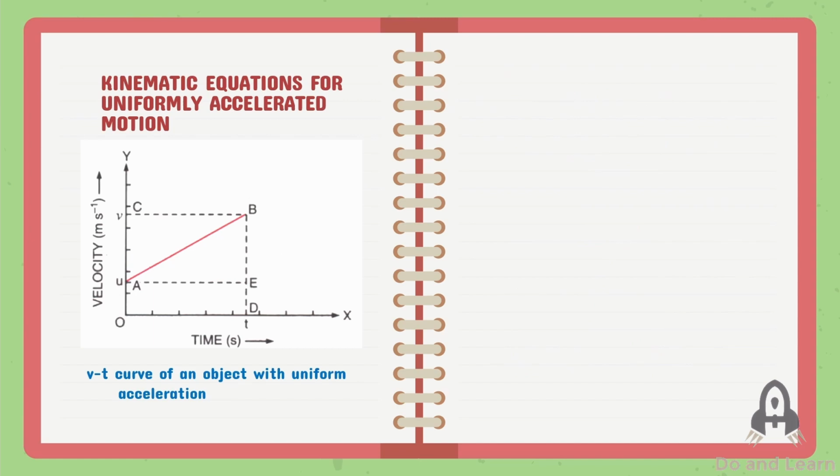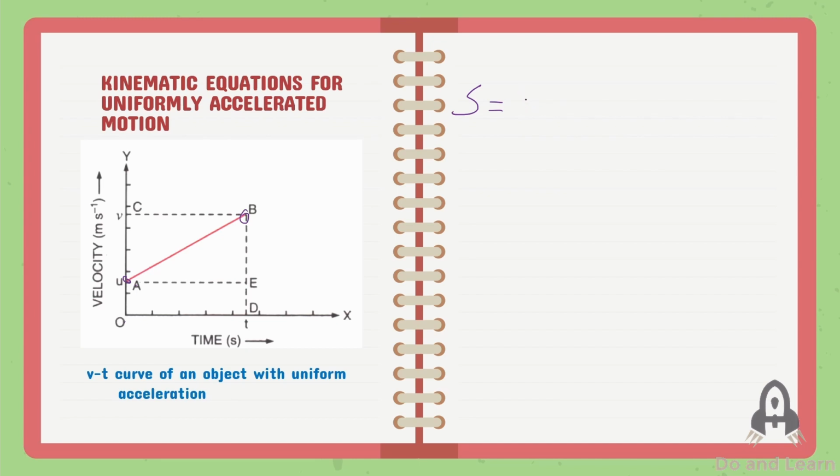Next, we are going to derive the second kinematics equation. To find it, we have already said that displacement or distance is equal to the area under the curve of the velocity time graph, the area under the curve AB. The area under the curve will consist of a triangle BEA and a rectangle OAED.